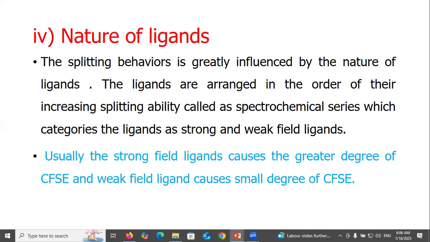Nature of ligands. The splitting of d orbitals is greatly influenced by the nature of ligands. The ligands are arranged in order of their increasing splitting ability, called the spectrochemical series, which categorizes the ligands as strong and weak field ligands. Usually, the strong field ligands cause the greater degree of crystal field stabilization energy, and the weak field ligands cause the small degree of crystal field stabilization energy.